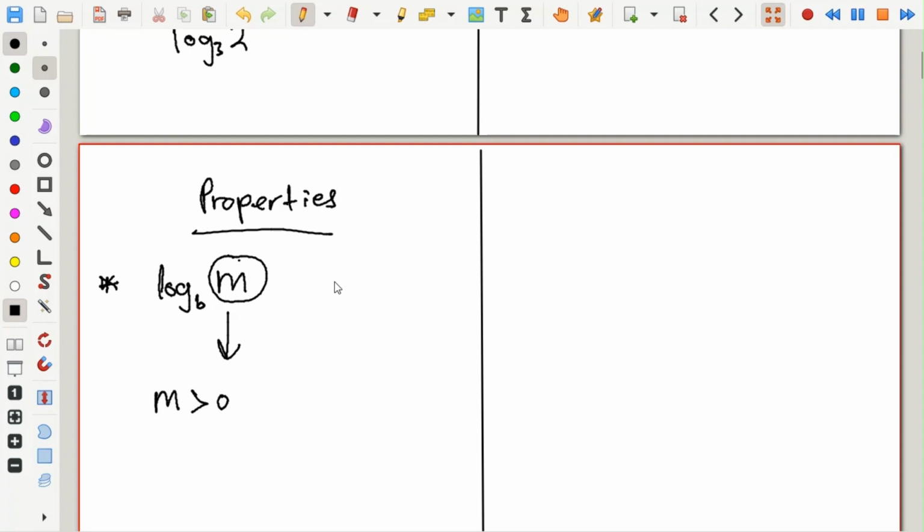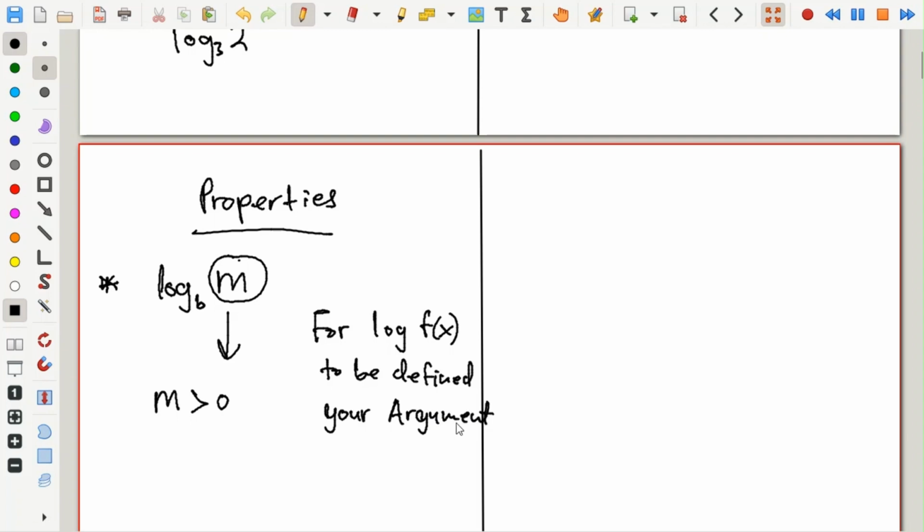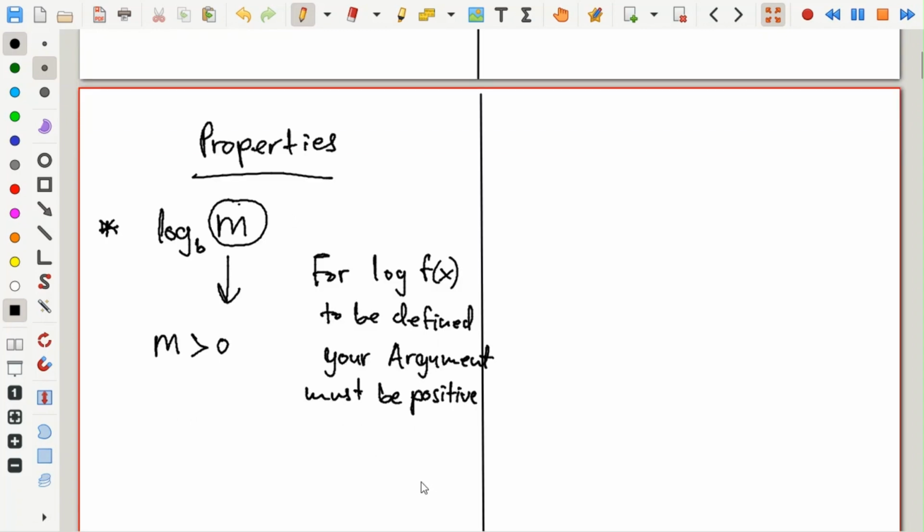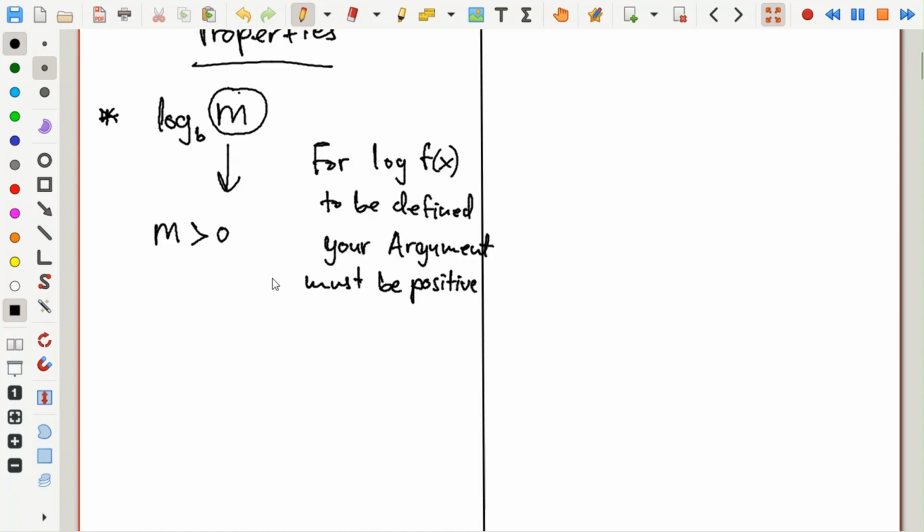That's before you can solve your logarithm, or for your log function to be defined, your argument must be positive. In other words, before you can solve your logarithm, the argument expression must be a positive number.